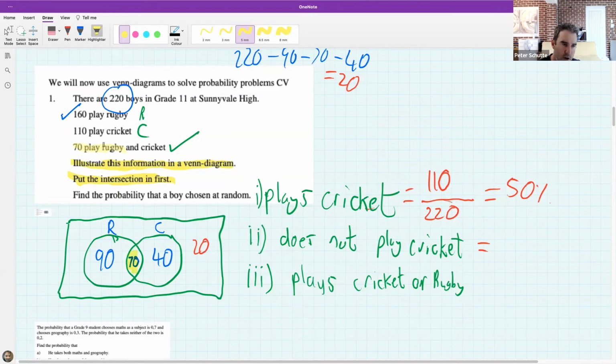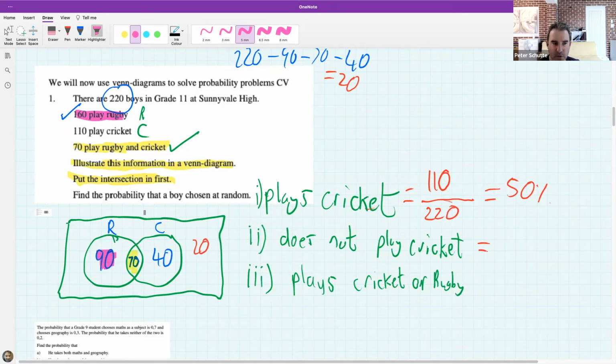So that's this one over here. If we know that 70 play both and 160 play rugby in total, we need to get the 70 up to 160. And so we're adding the 90 to get us up to the 160. Does that kind of make sense?